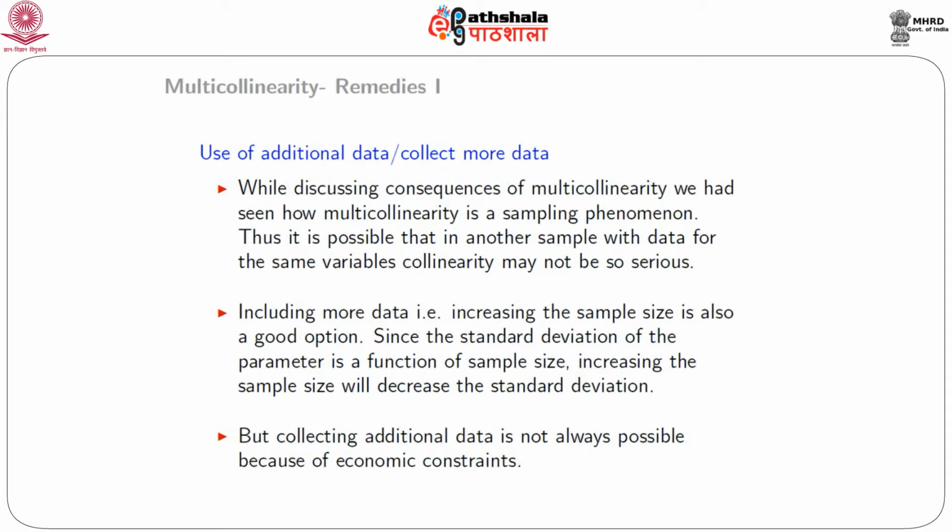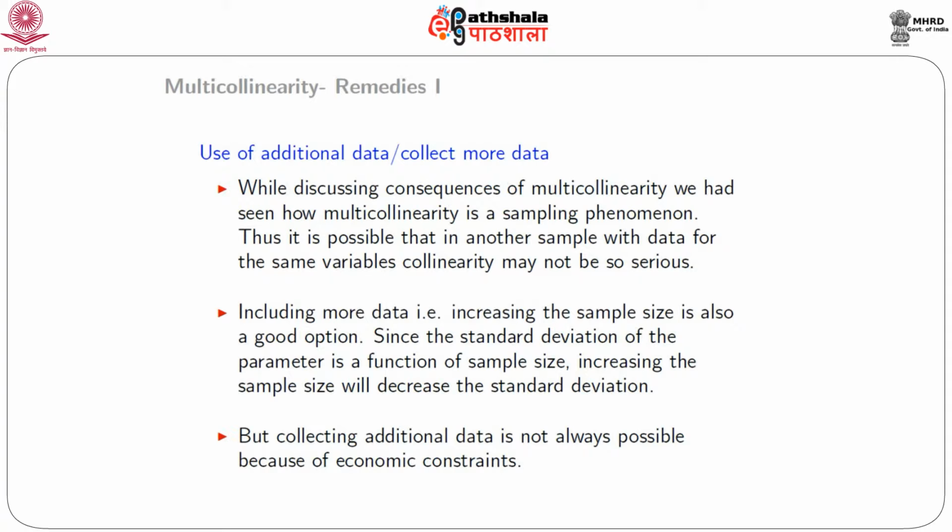Another method of removing multicollinearity from a data set could be the use of additional data, or collecting more data. While discussing consequences of multicollinearity, we have seen how multicollinearity is a sampling phenomenon. Suppose we have a population and we have drawn a small sample from it. It could be that only for that particular sample the values of the predictor variables represent a collinearity between the predictors.